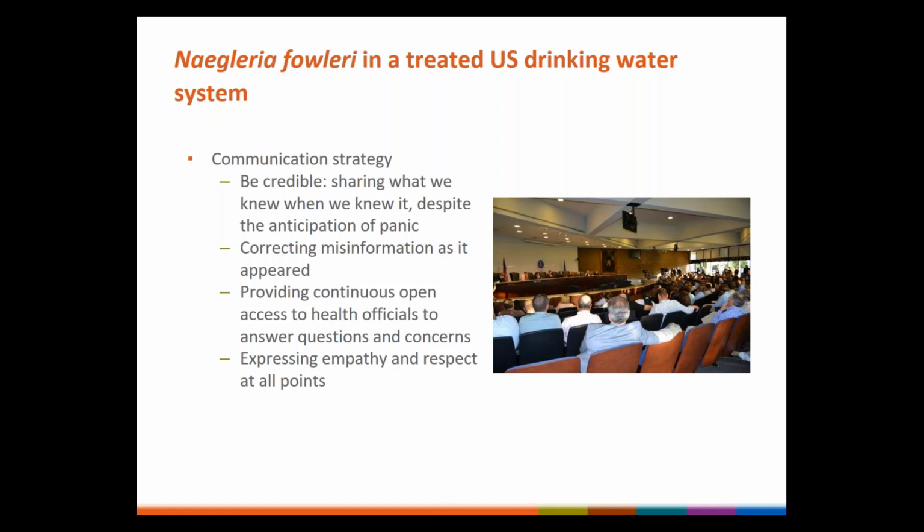It's important to tell people what they know, to correct the information as it appeared, and provide continuous open access to health officials so that we could answer questions and concerns and express our empathy and respect for their heightened concern about the safety of the water.